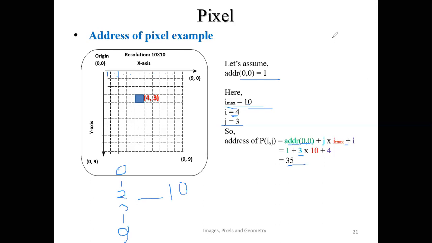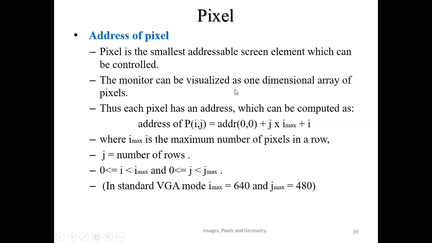So let me clear the screen. Here we can now discuss in detail how the theory works. A pixel is the smallest addressable screen element which can be controlled.